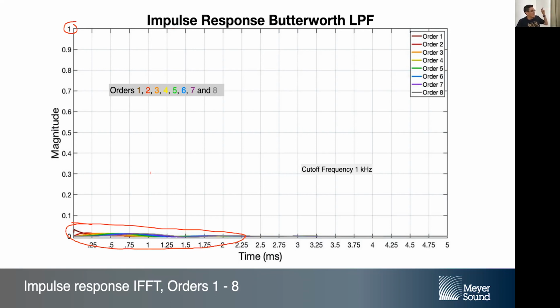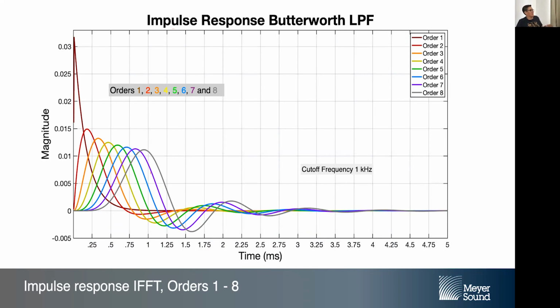If we zoom in on the vertical scale, we're going to see more detail in the next slide. Right now, we are going a little bit up to 0.03 on the amplitude scale, and down to minus 0.005 in the lower section.